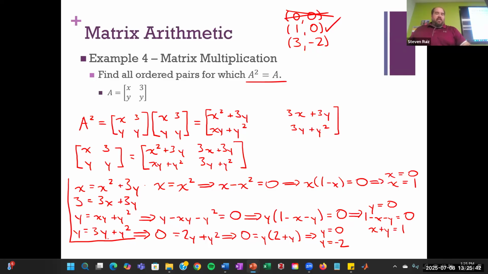So the first thing I did here, which I didn't write down, is basically I subtracted y from both sides. That's why it's 0 equals 2y. I feel like this is okay. I think it fits all four of our equations.